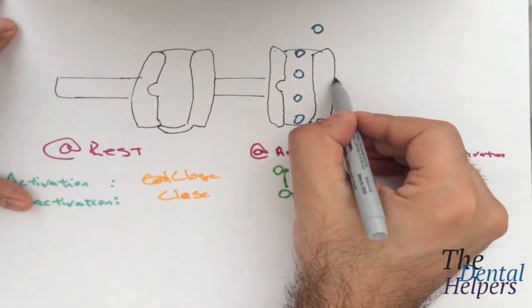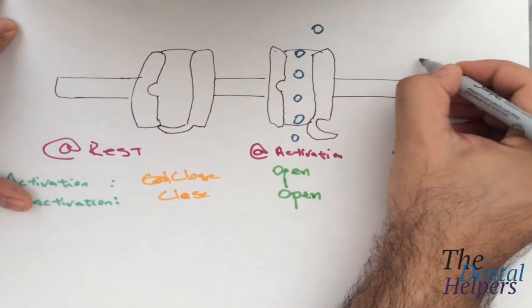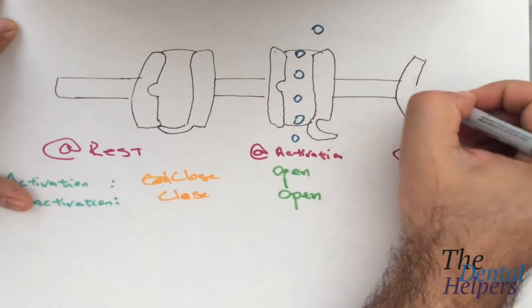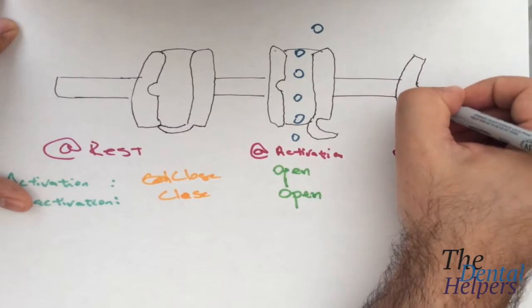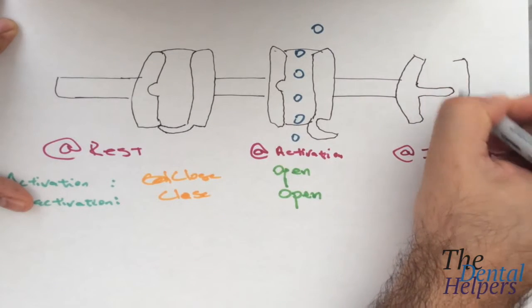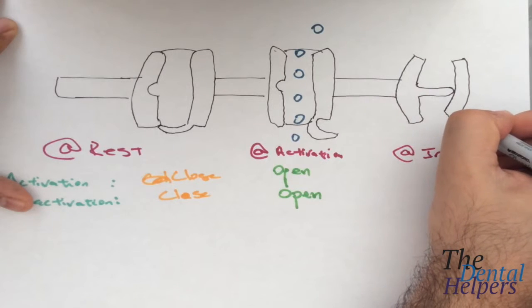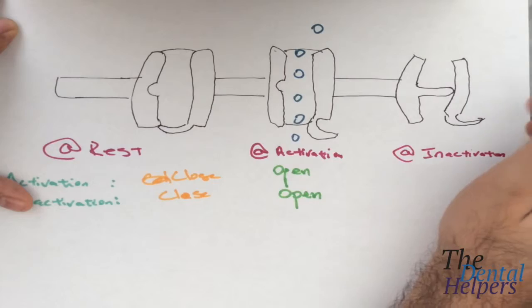So being in inactivation, what's going to happen here is, if we're going to look at this membrane, we're going to see that the inactivation gate is actually closed. But our activation gate is open.